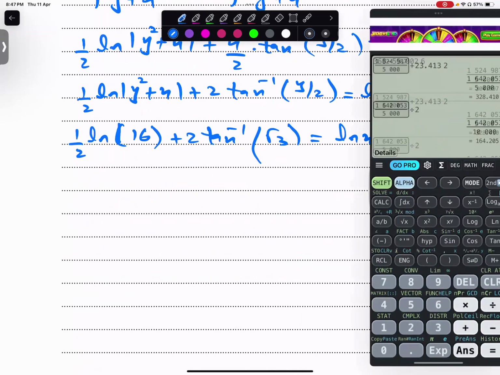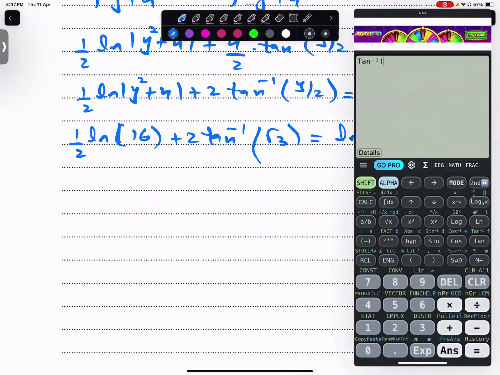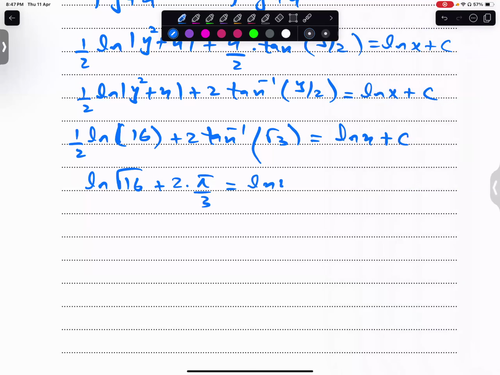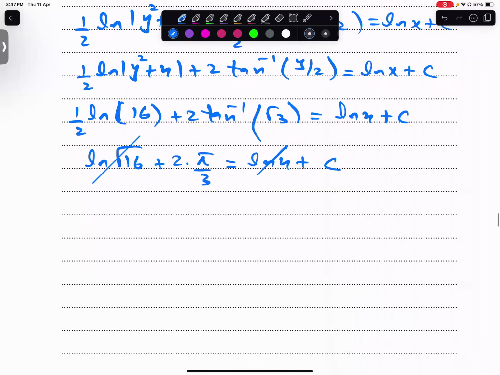Now let's check tangent inverse of root 3. Shift tangent inverse of root 3. In radians, this will be pi by 3. So 1 over 2, bring 1 over 2 in the power of 16. That will be root 16 plus 2 pi by 3, and then equals ln 4 plus c. Interestingly, ln 4 will be cancelled out with ln 4 because root 16 is just 4.